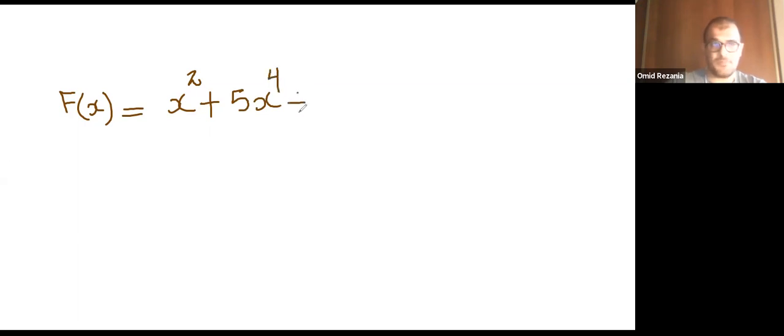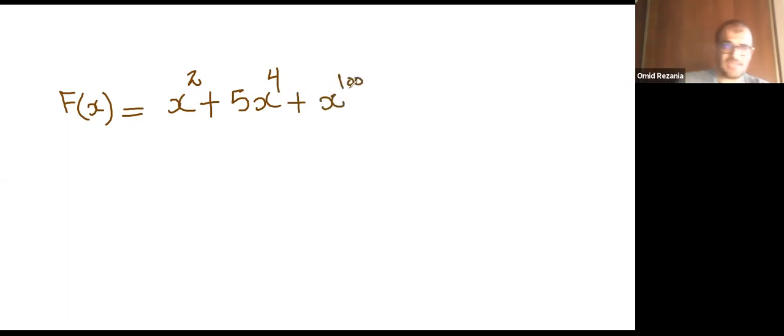We say that f of x is going to be x to the power 2 plus 5x to the power 4 plus x to the power 100.